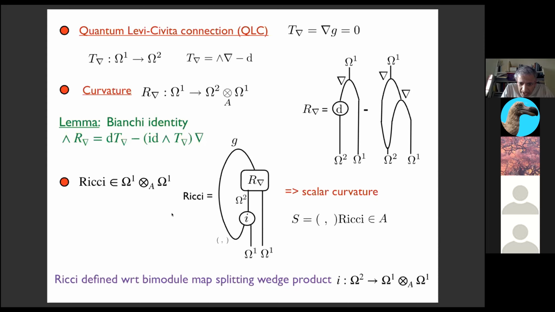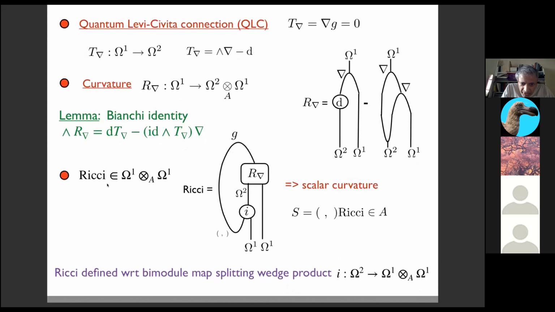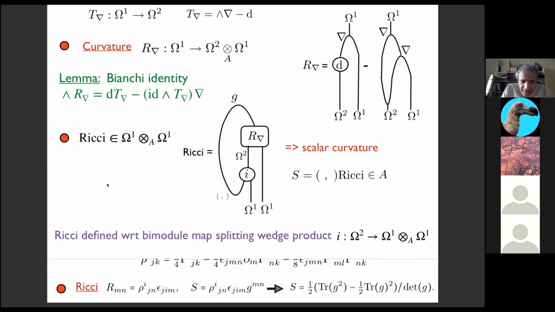And the other thing is that the lift map classically would send a two form, let's say omega wedge eta, to omega tensor eta minus eta tensor omega. So it'd be the antisymmetric lift, but divided by 2 in order to project back. And that half also is built into this definition. And that means that our Ricci tensor is actually minus a half times the classical one. So when comparing our results with physics, remember there's a minus a half difference.